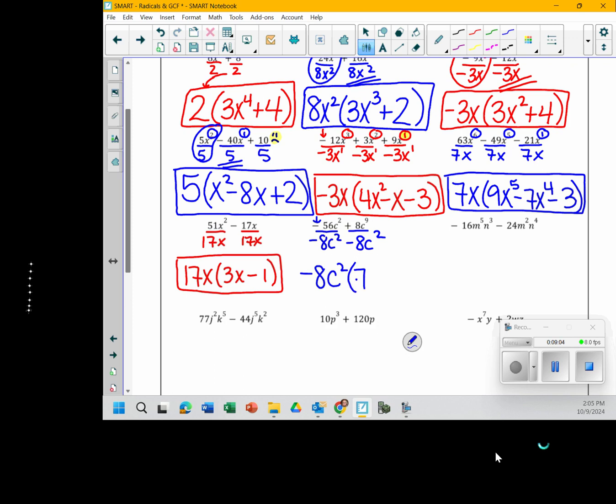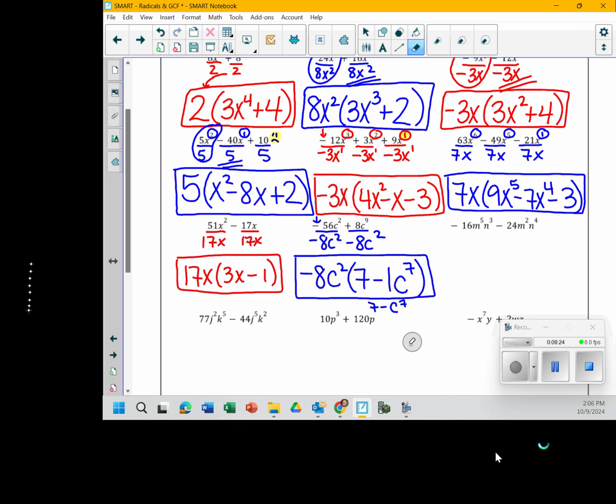When I divide, that'll leave me a 7, because I already brought the c squared out, minus 1c to the 7. Again, if you did not have the 1 there, that's okay. So if you just had 7 minus c to the 7, that would be okay.